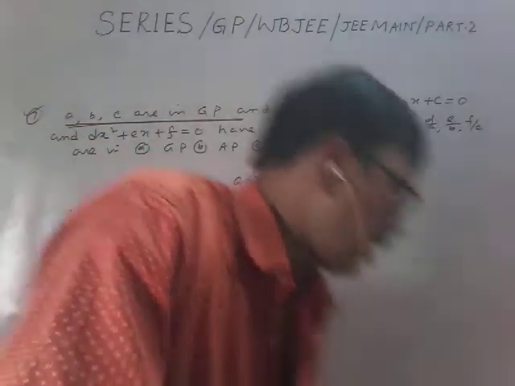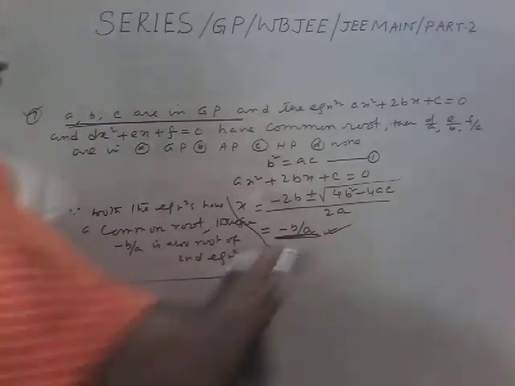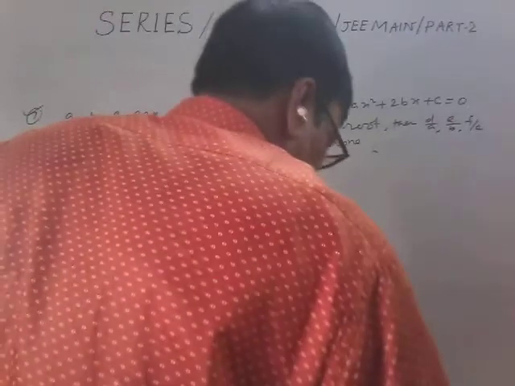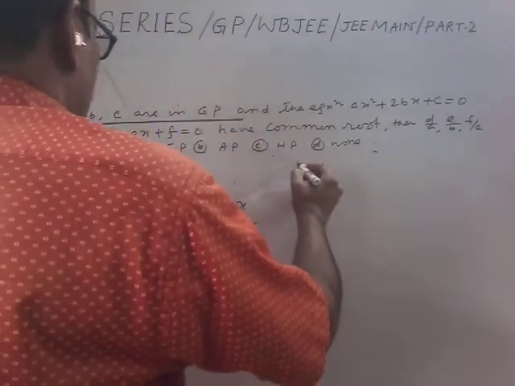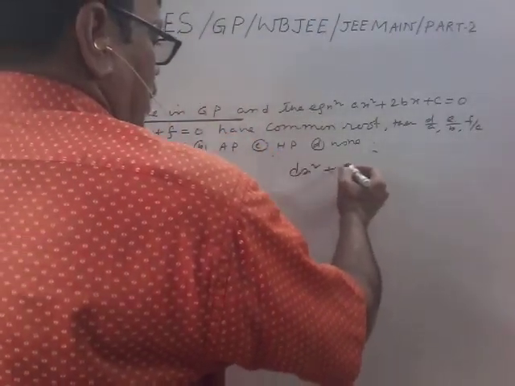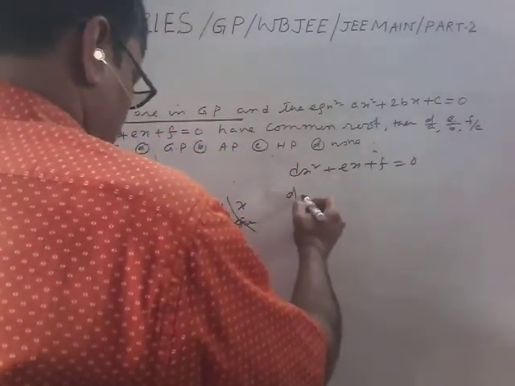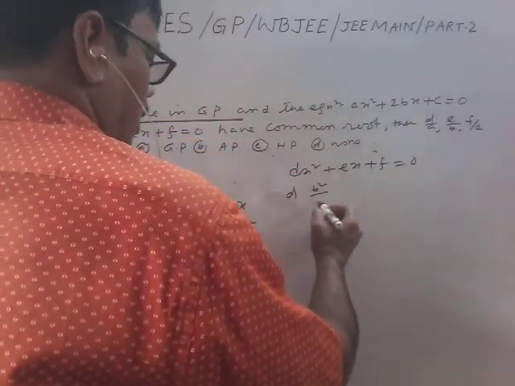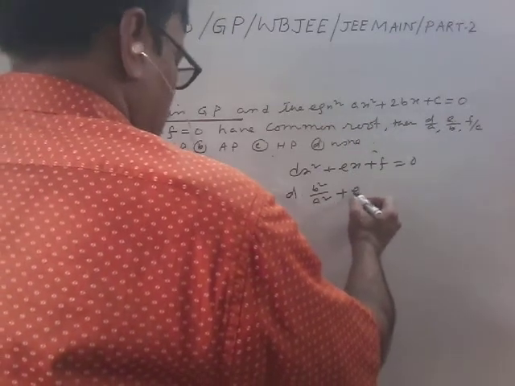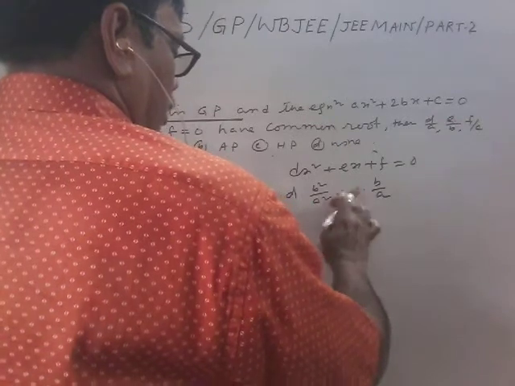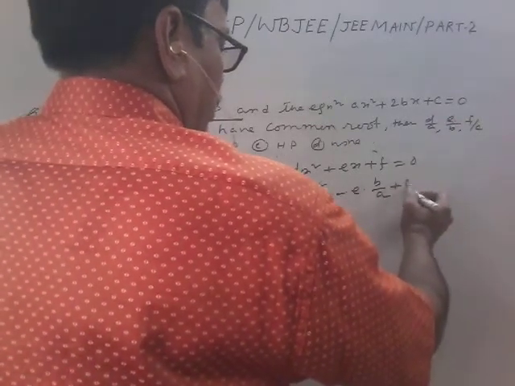So put x equals minus b by a into the second equation. So what is our second equation? dx square plus ex plus f equals 0. So d unchanged, b square by a square, e unchanged, b by a, and this is negative, plus f.